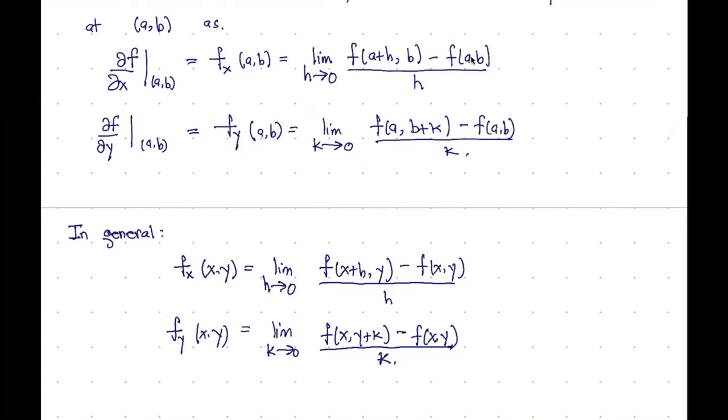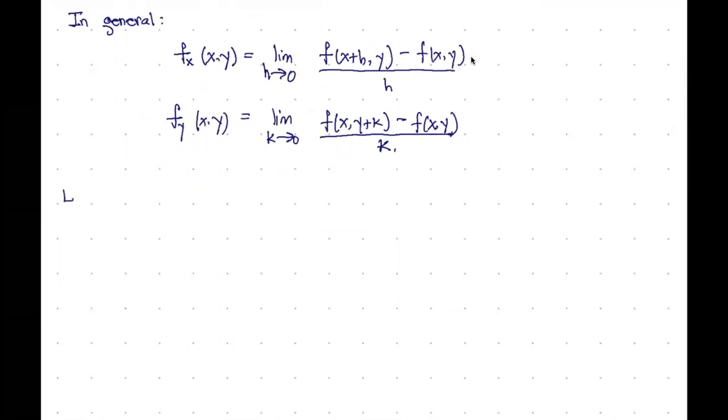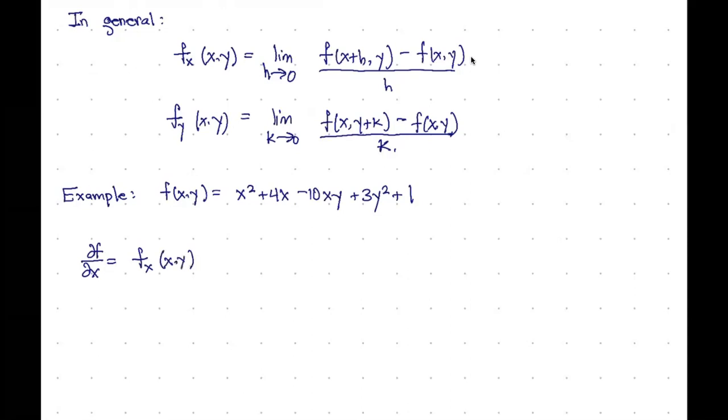So, for example, if f(x, y) were to equal x squared plus 4x minus 10xy plus 3y squared plus 1, and we wanted to find the first partial derivative of f with respect to x, I'm going to write both forms of the notation right now so that you get used to how it is going to be presented to you.